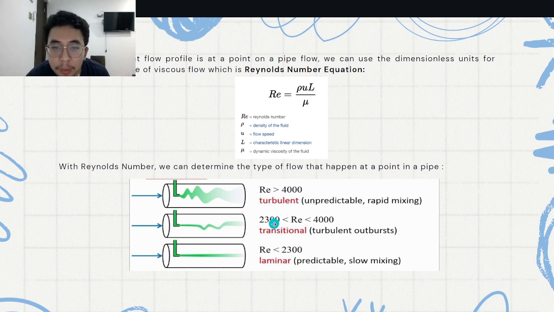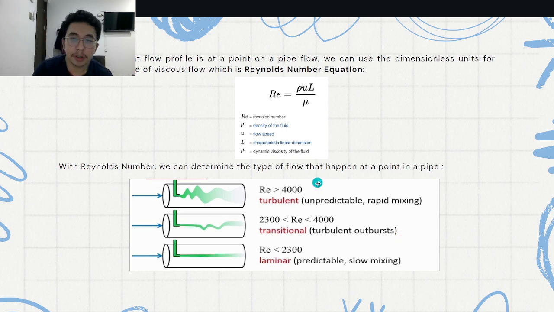But when the Reynolds number reaches more than 2300, up until a bit under 4000, it's called transitional. Basically, this is the middle of laminar flow and turbulent flow combined, like 50-50. At this part, turbulent outbursts occur.